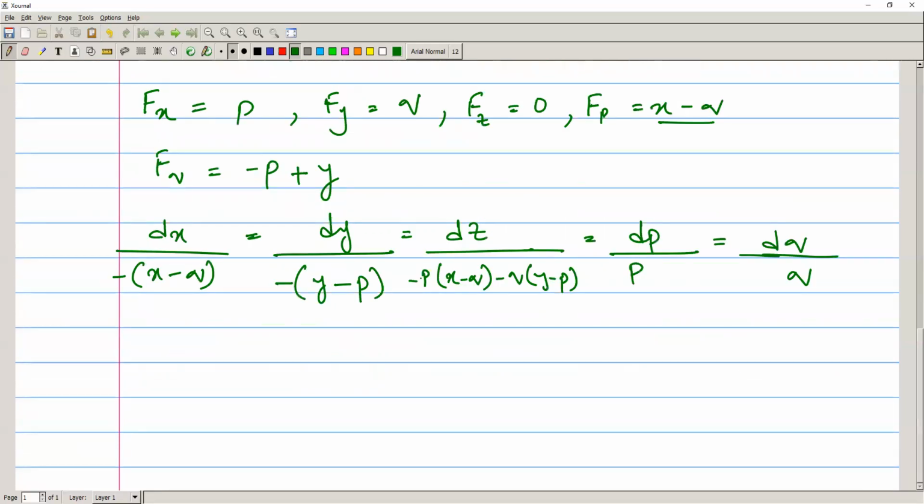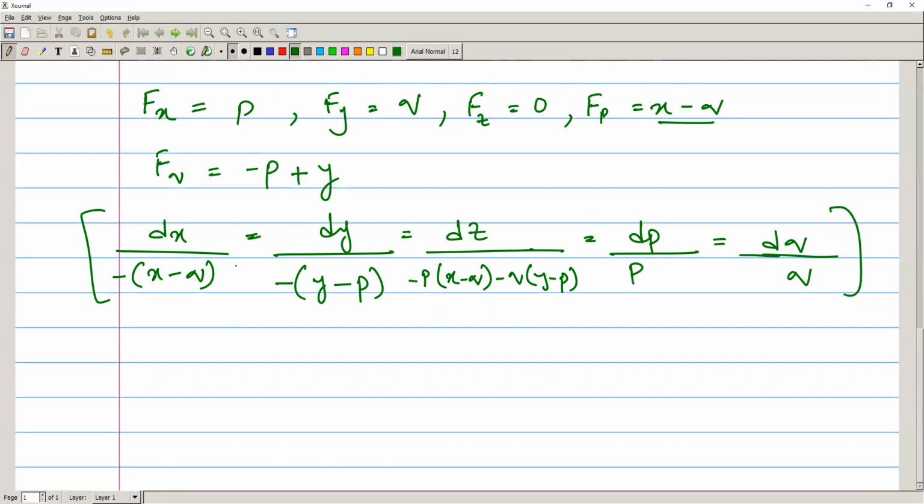So now we have to use a couple of equations from this system of ODEs. First of all, when we see this equation, this is dx over negative (x minus q). This equation seems not separable because q is also there with x, and when I want to use this equation with some other function, it's difficult to use.